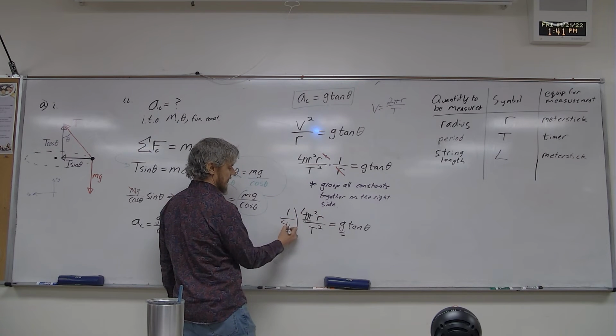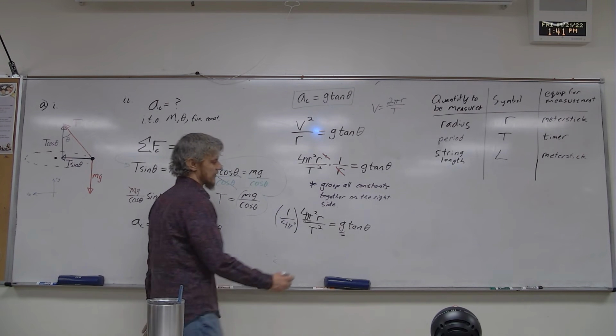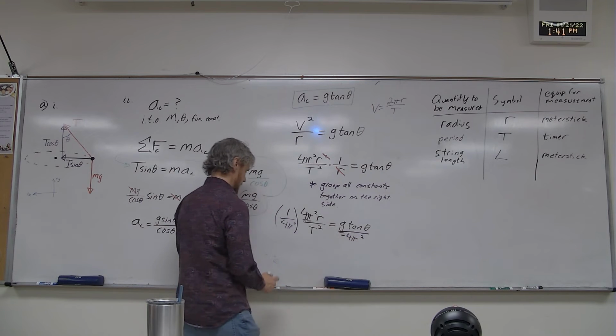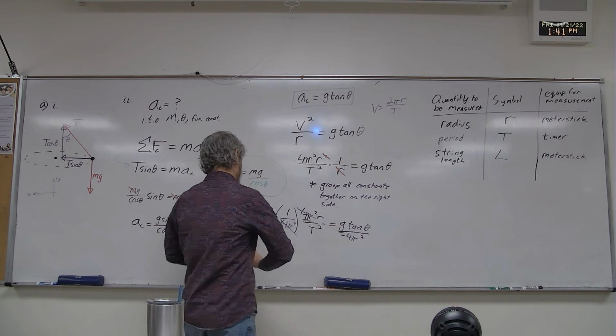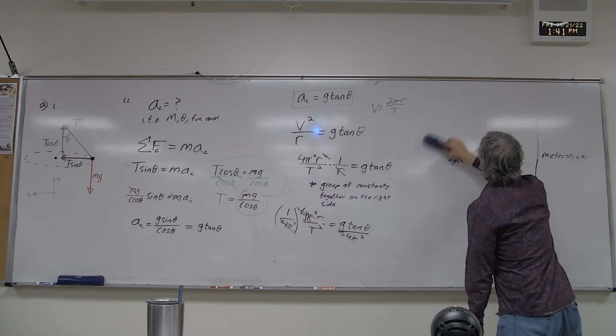So I can get all the constants like I told you to do on one side by dividing both sides by 4 pi squared, or multiplying by 1 over that. And so when I do that, I'm going to erase my table here, but we all got that, right?